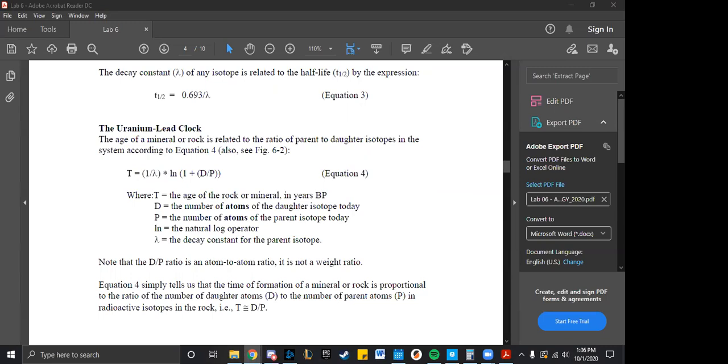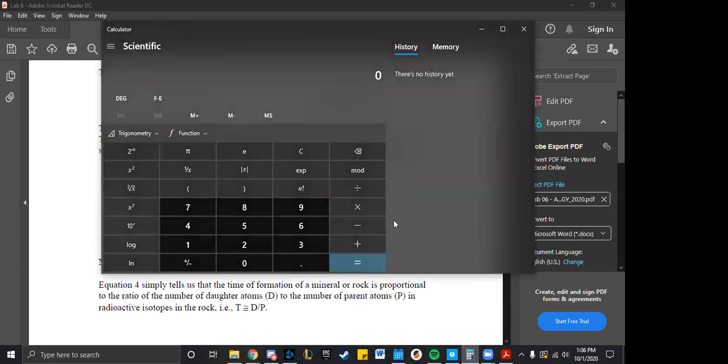So if I'm putting it in my calculator, would I do 1 divided by 0.0001244 to the 10th power times -3? Rather than trying to do all of that math, we can just do it once, and that'll be the same number for everything.